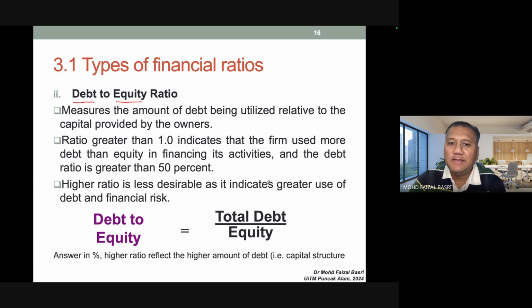A ratio higher than 1 ataupun higher than 100% indicates that the firm has more debts. Kalau ratio less than 1 ataupun less than 100%, it indicates that dependency on debt tu rendah. So higher ratio is less desirable, kita nak ratio lagi rendah. You want the ratio to be as low as possible.